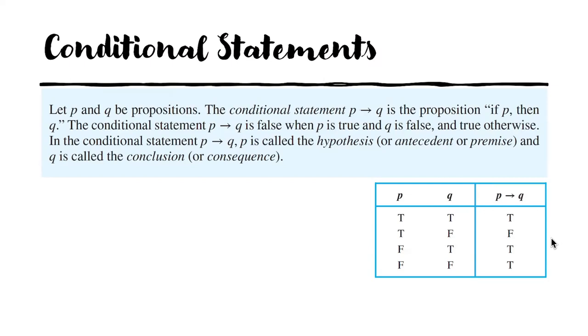This conditional statement P implies Q is only false when P is true but Q is false. Otherwise, it's true. In the conditional statement, we normally call P the hypothesis and Q the conclusion.